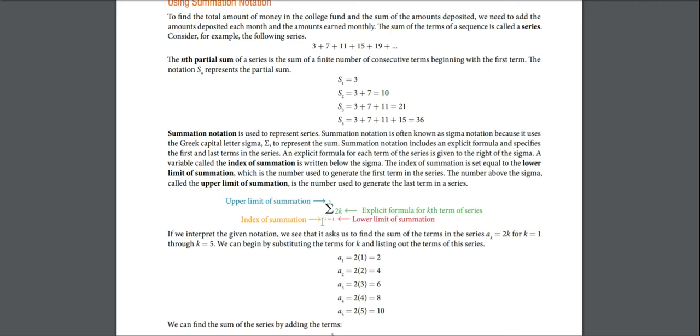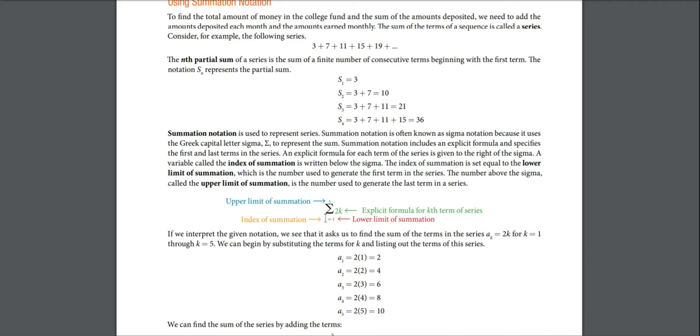The index of summation just tells us what letter we are plugging the numbers into. So which variable I'm plugging the numbers into. And this is important because sometimes you might have a more complex situation where you have more than one variable in here. And I need to know which one I'm plugging the numbers into.